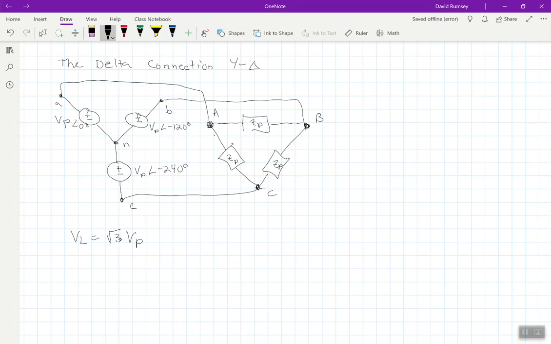So we still have these line voltages, square root of 3 VP. But we should remember that this line voltage is basically the magnitude of VAB, magnitude of VBC, magnitude of VCA.